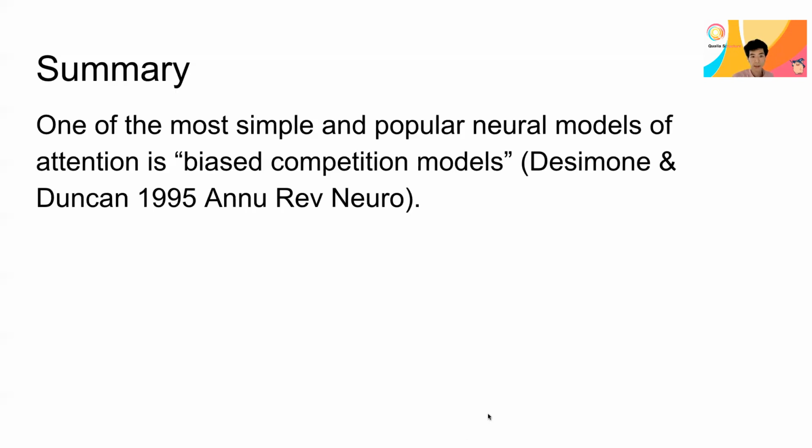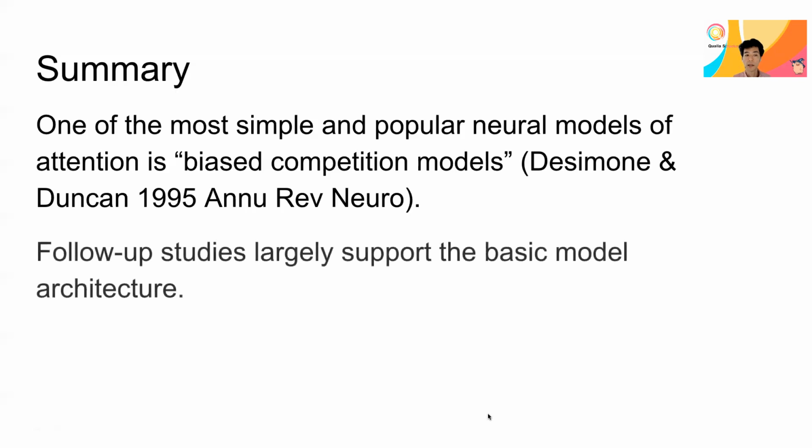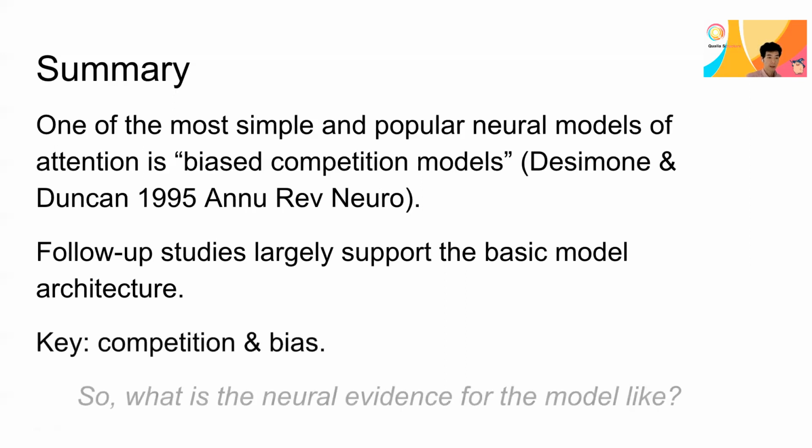And Desimone and Duncan's review reviews that there are lots of subsequent studies over the last 20, 30 years that followed up and supported this model more or less. And we next look at what the exact neural evidence is to support this.